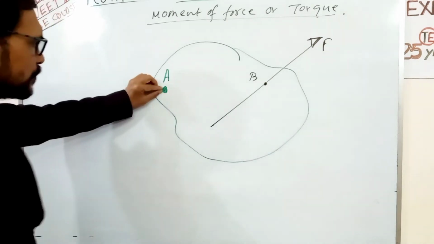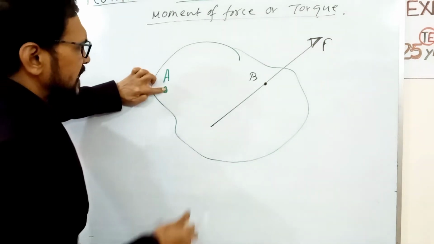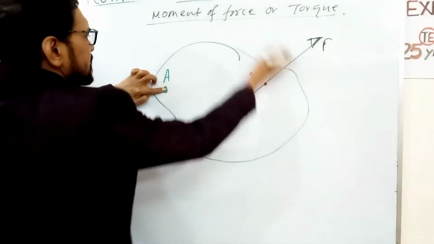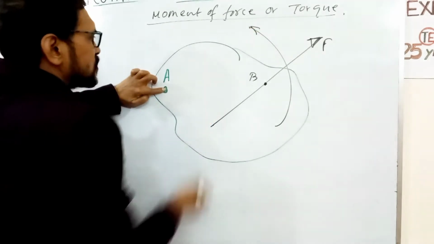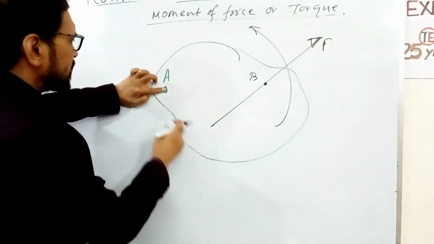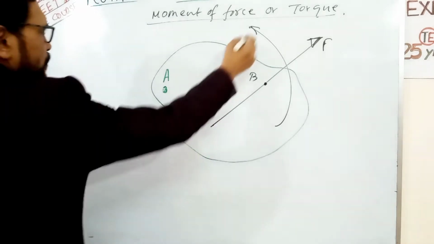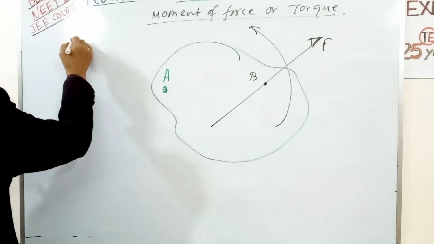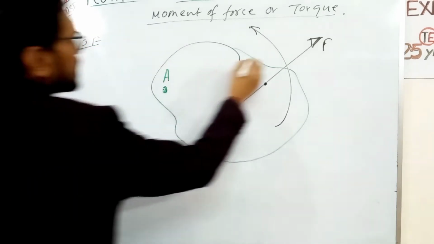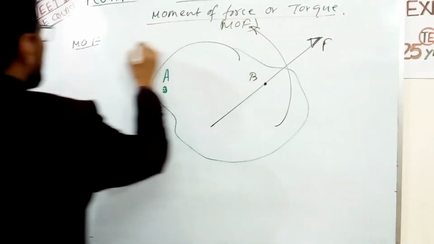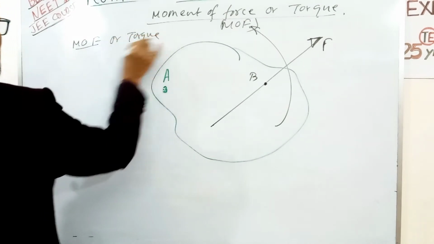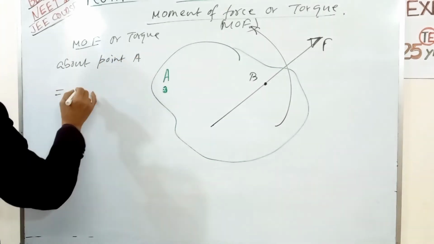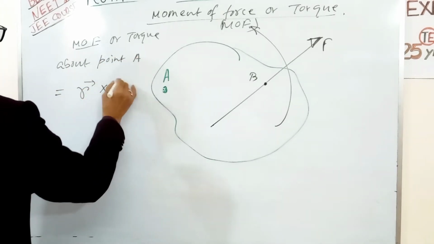Now if the body is hinged at point A and a force is applied, the body will rotate in this direction, anti-clockwise. So what is the moment of force or torque about this point A? The moment of force, or torque, of the force F about the point A is defined as r cross F. What is r?